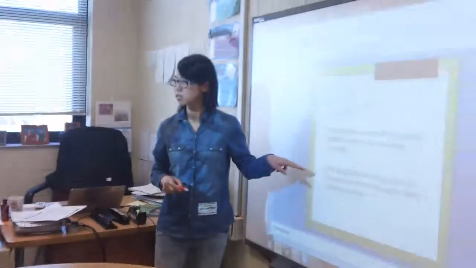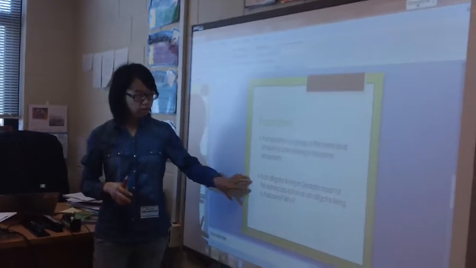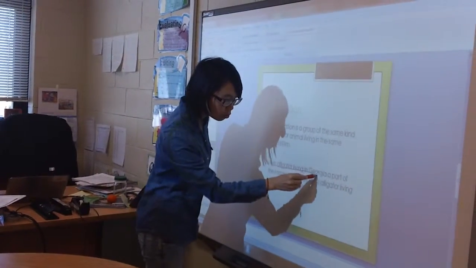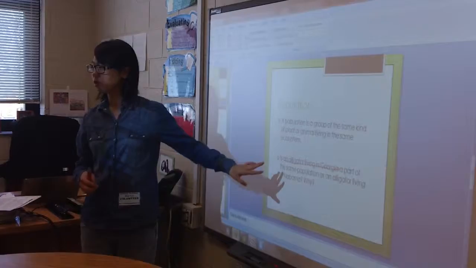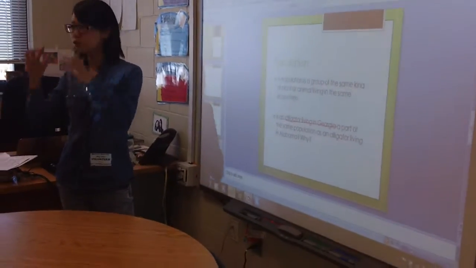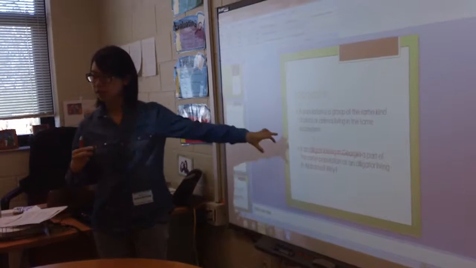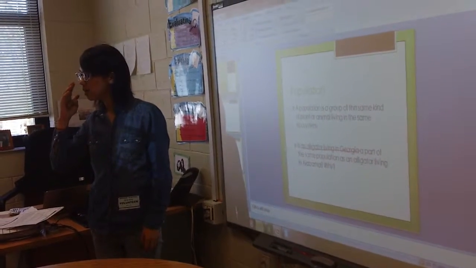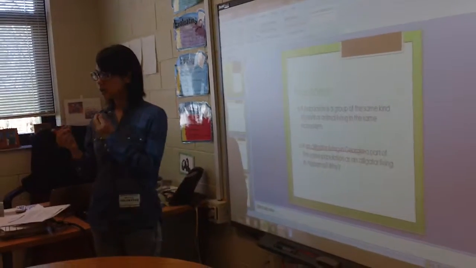Let's look at the questions, okay? Let's look at here. So an alligator living in Georgia? What's the population for that? That's an individual, right? One alligator living in Georgia. So what's the population of this? Jeremiah. One alligator?